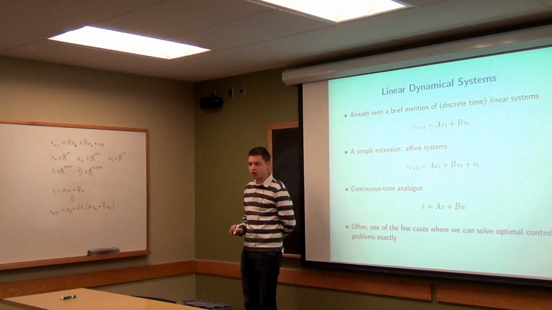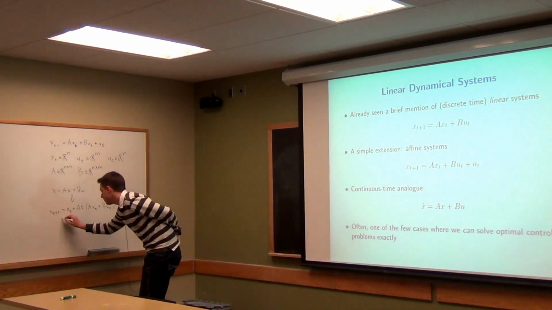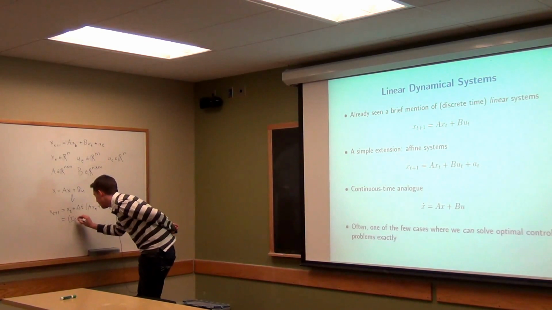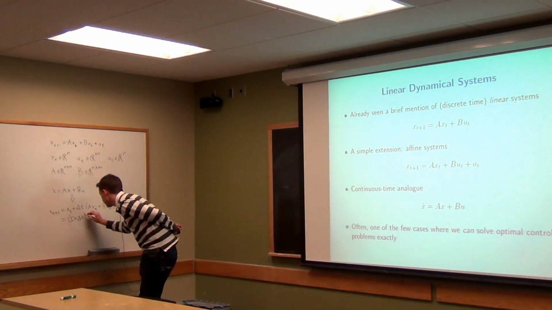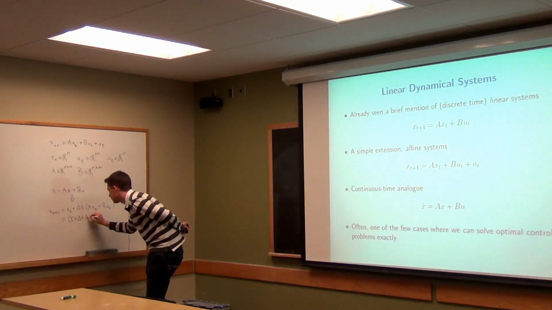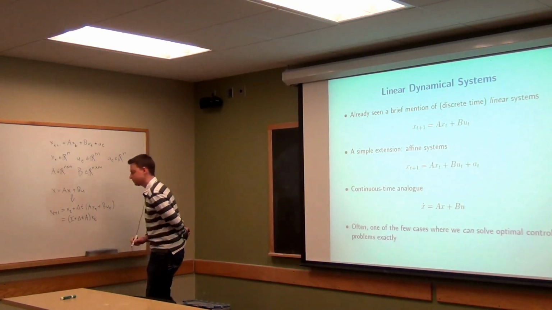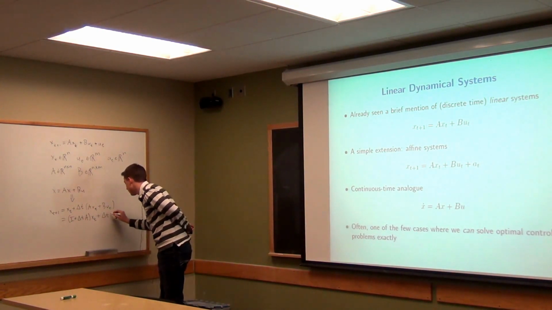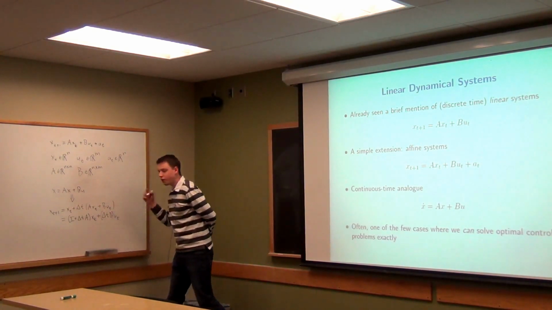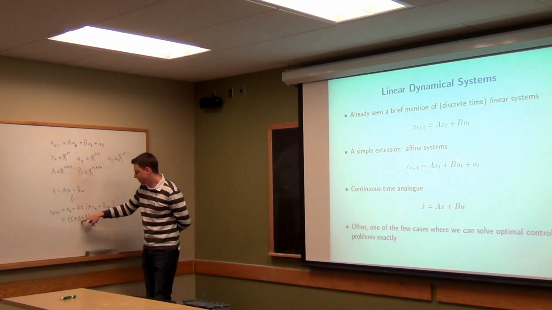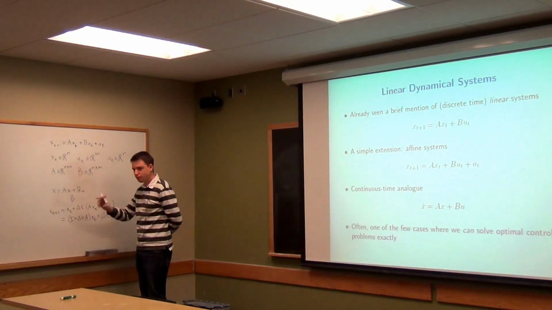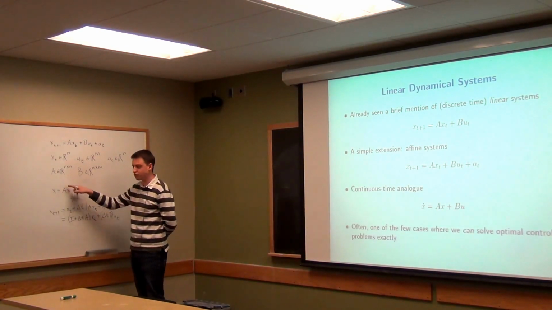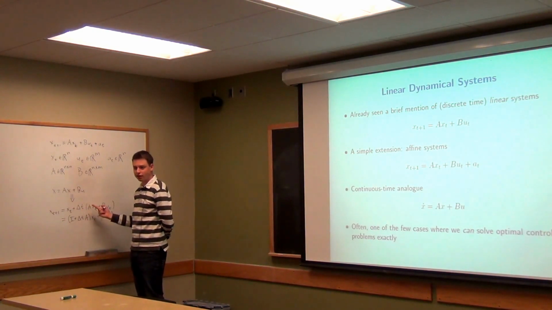So what we see is that this equals (I plus delta t A) x_t plus delta t B u_t. So the identity plus a small bit of this matrix is the analog for the discrete time case.